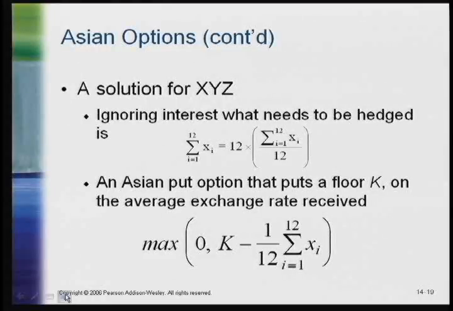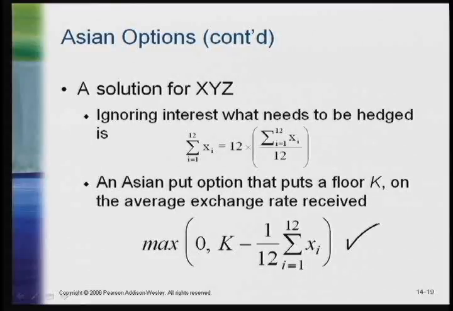If the company were to implement a put option that reflected the average exchange rate of the euro, they would be in virtually the same position. And we'll see that that average, that Asian option, will be less expensive, and yet the company can hedge its risk virtually as efficiently.